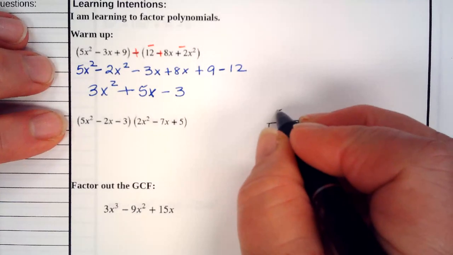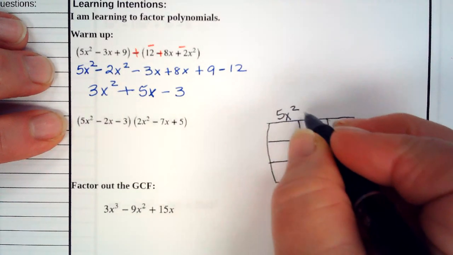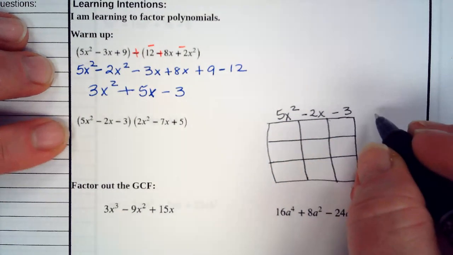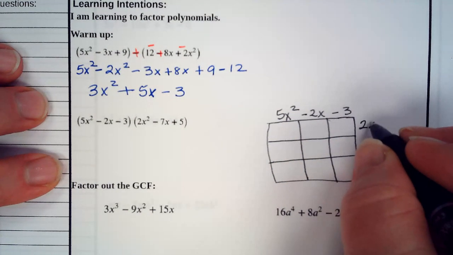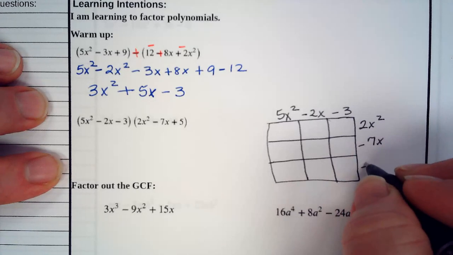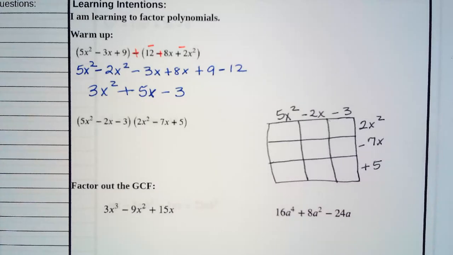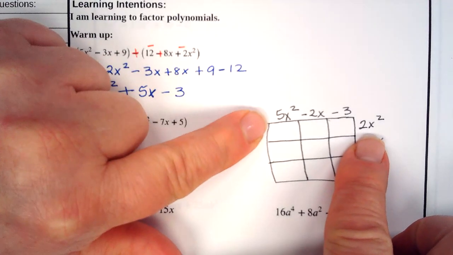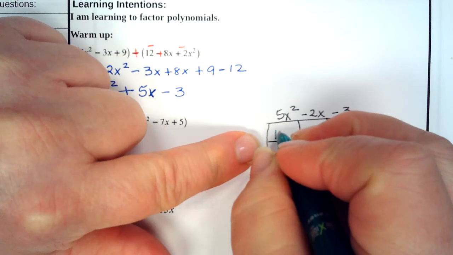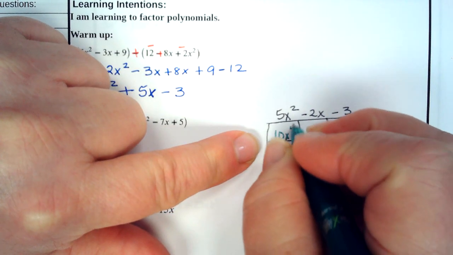Okay, 5x squared minus 2x minus 3, times 2x squared minus 7x plus 5. For the first row, 5x squared times 2x squared, 10x to the fourth.